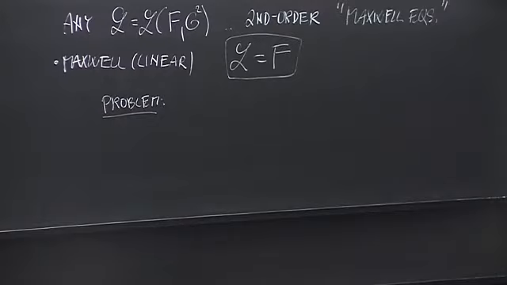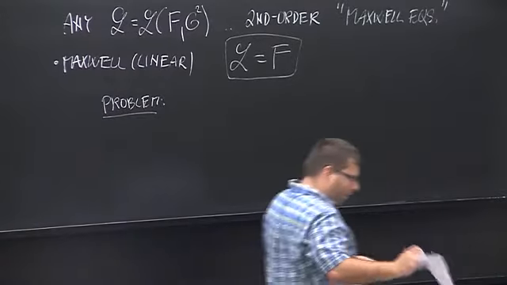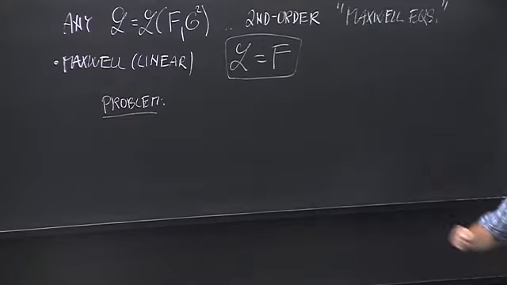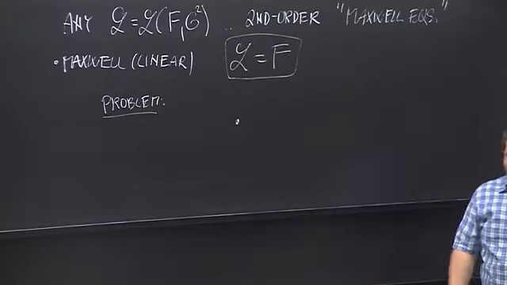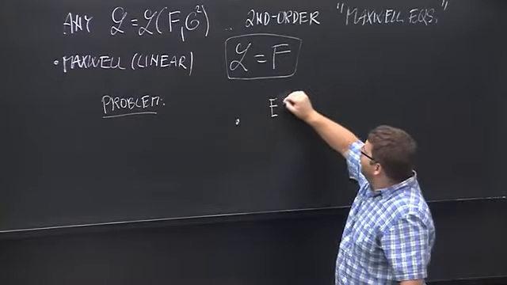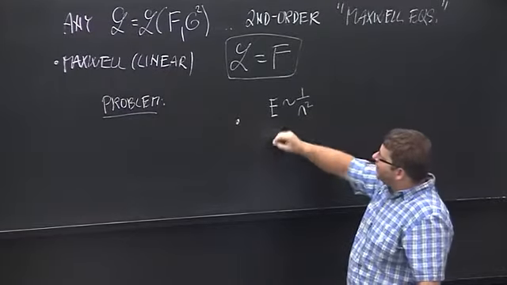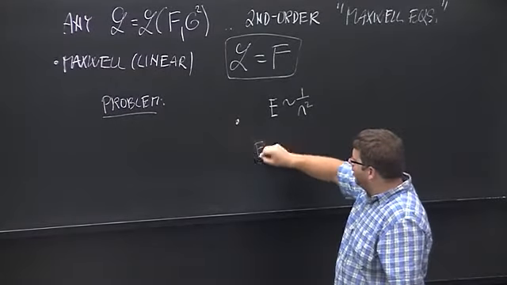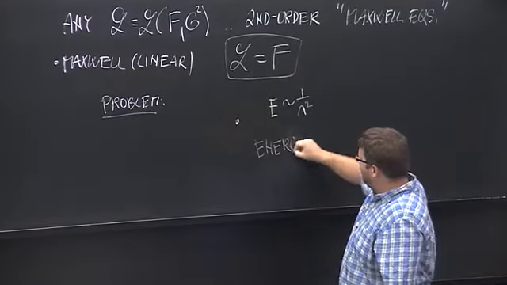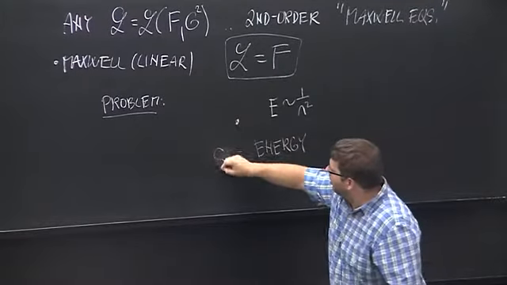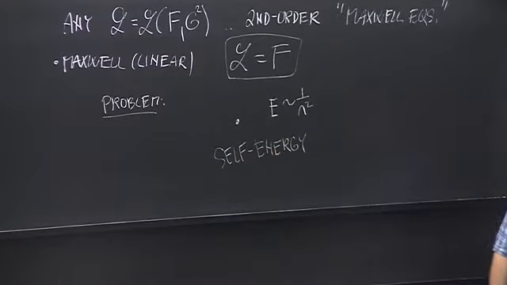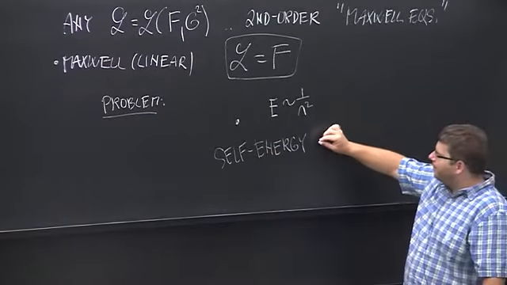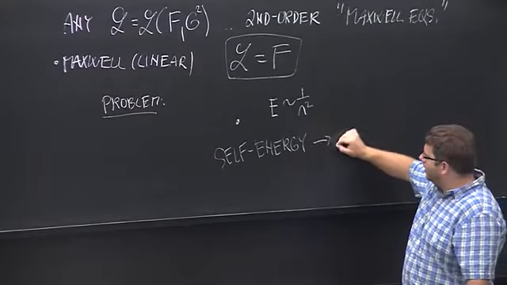As we discussed in the classical physics course, if you just take a charge and calculate the self-energy of this charge, it produces a field which goes like 1 over r square, and then if you calculate the corresponding energy, that energy actually blows up. So the self-energy, if you calculate just E square, integrated over the volume of space, you find that this is infinite.